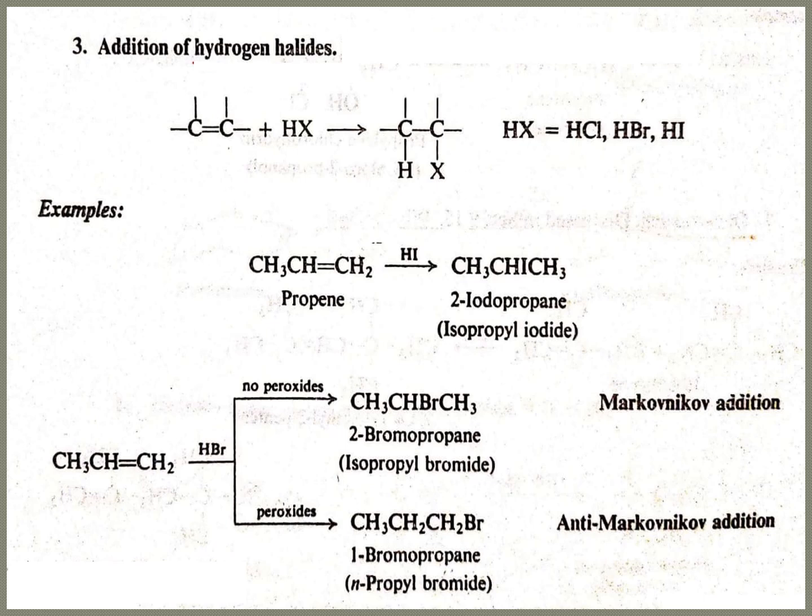In this reaction, you can see some more explanation, like addition of HBr. It yields two kinds of products, in the presence of peroxide and in the absence of peroxides. That is based on a specific rule known as the Markovnikov addition rule. I will discuss the explanation of this rule in the next class.